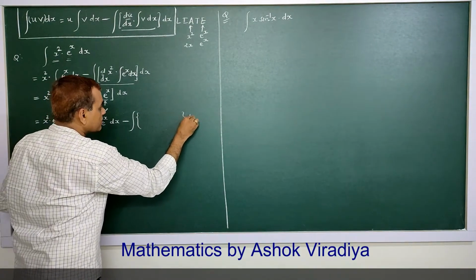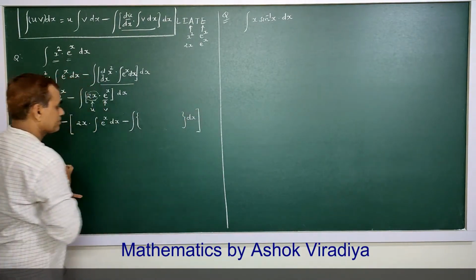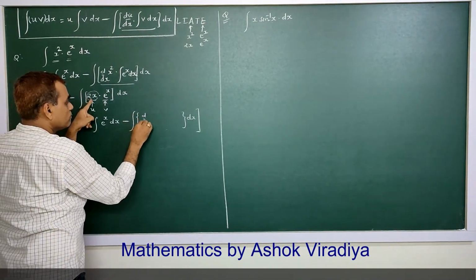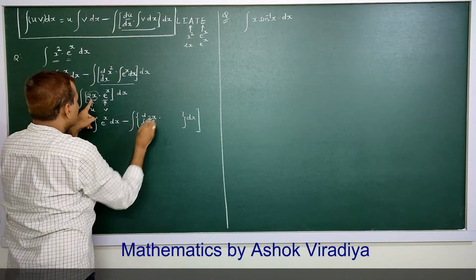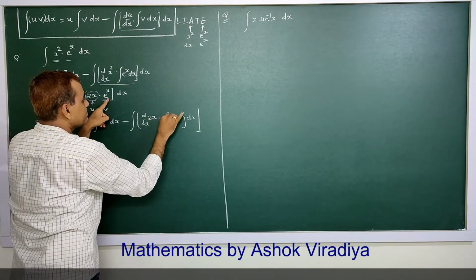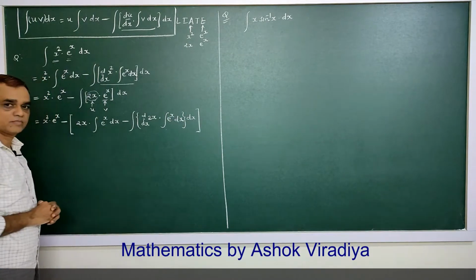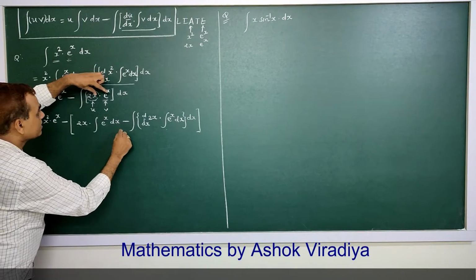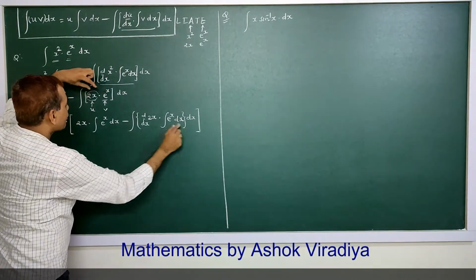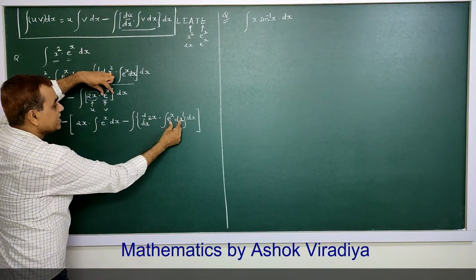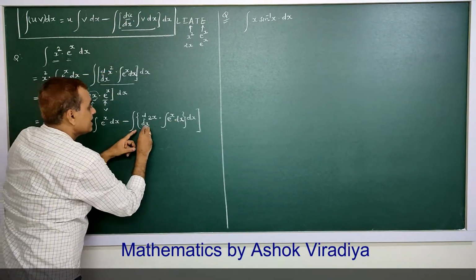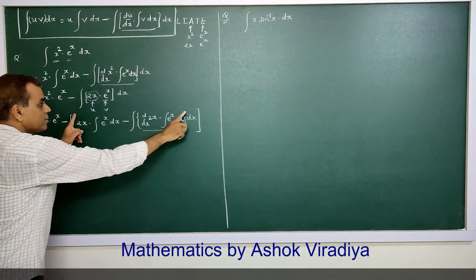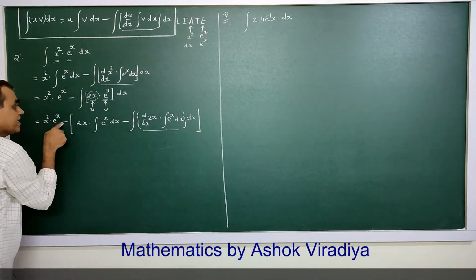In the box, derivative of u, integral of v, and integral of this box is the second term, so use a bracket because the main sign is minus.